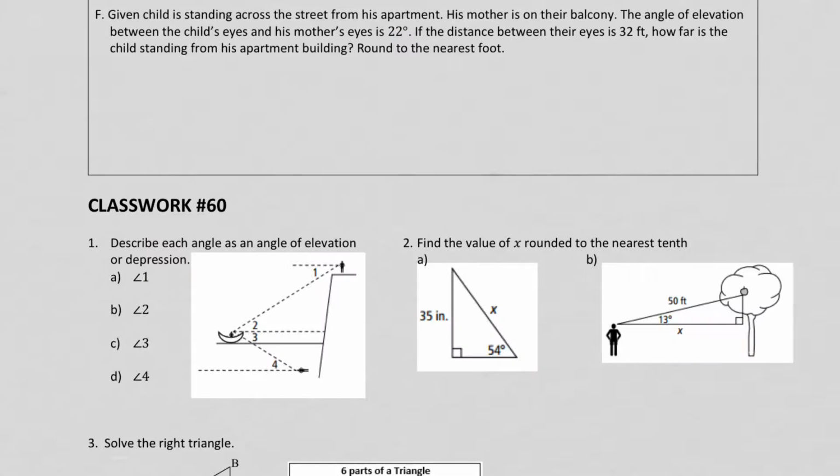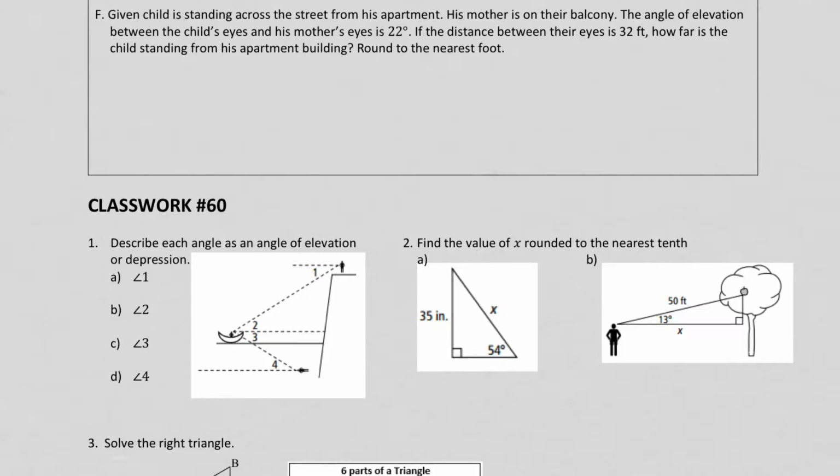Example F. Now, in this case, notice how example F has no picture, unlike the ones above it. So here, let's read the little prompt and draw a sketch of what's going on. Given a child is standing across the street from his apartment, his mother is on their balcony. So let me first draw that, and this is going to be terrible, so I do apologize.